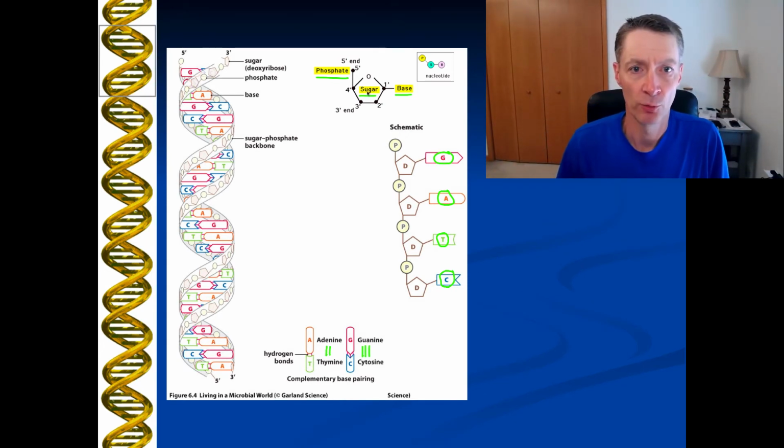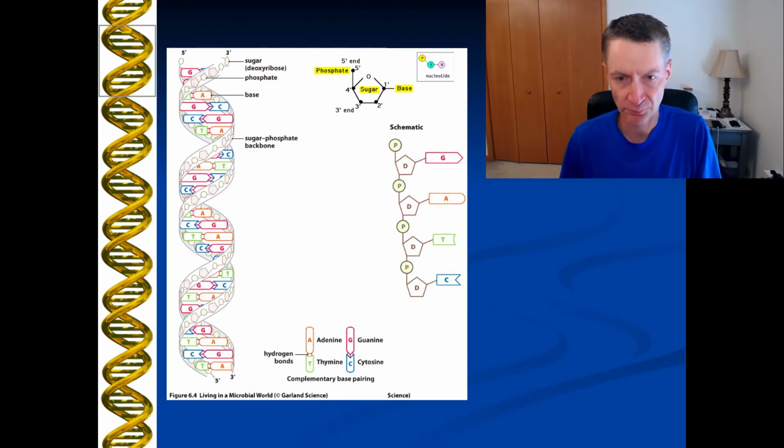That has to do with the carbons in the actual sugar part of this particular nucleotide. There's a 5' carbon that is on the phosphate end, where it binds the next nucleotide, and there's a 3' carbon in the sugar on this other side. Okay, so we're talking about basically the carbons that are in the sugar. That's what gives us the 3' and 5' end.